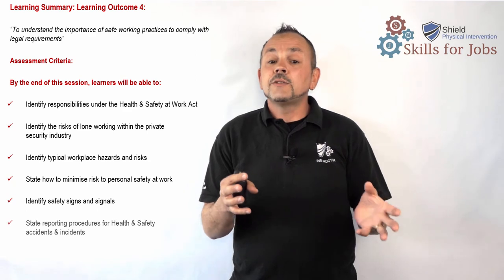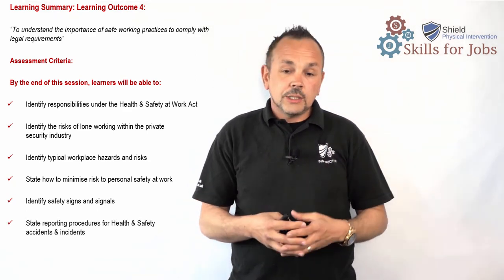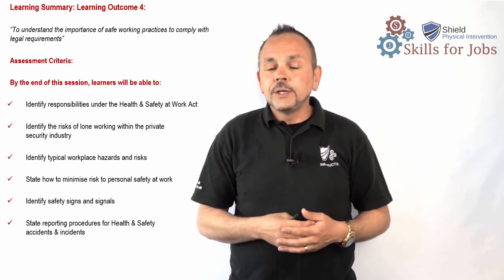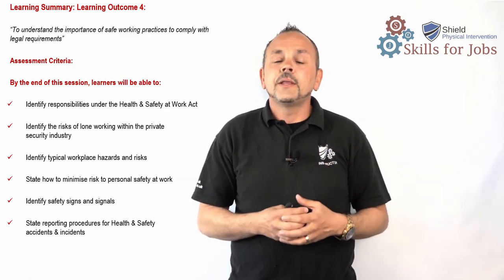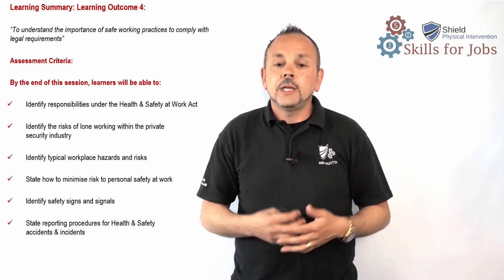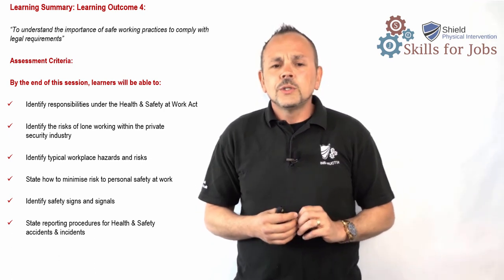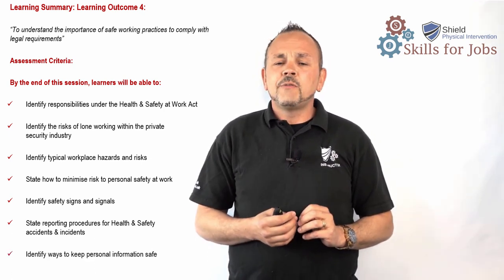State reporting procedures for health and safety accidents and incidents was in relation to completing report books, and also RIDDOR, and the obligation to report that to employers so they can complete the report to the HSE.